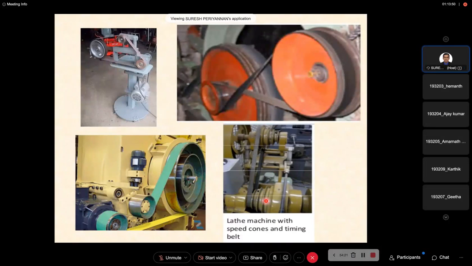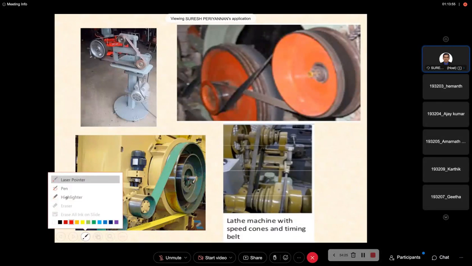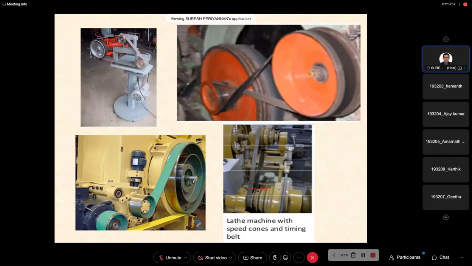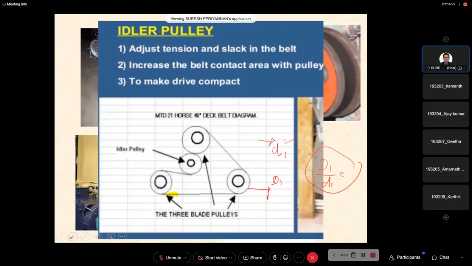Suppose now the belt is shifted to this pulley, where the diameter is more, D1. Then what is the speed ratio? Now more speed can be obtained in the spindle. That's what we already discussed in the KOM.